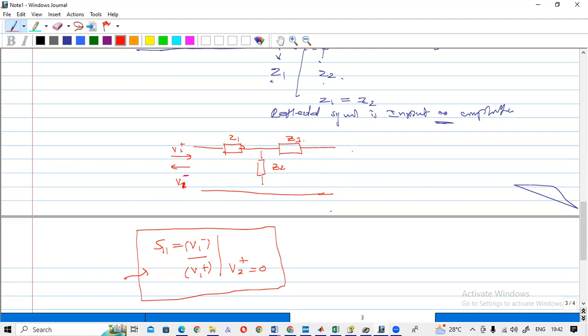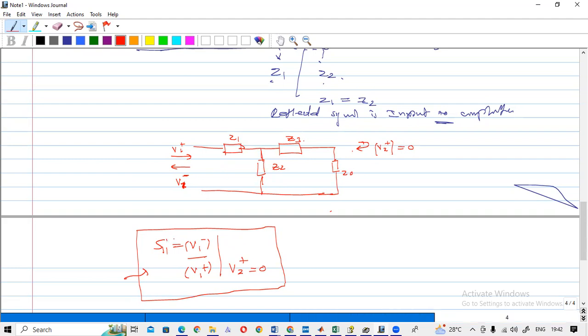Now you want to make this input signal V2 plus, actually the reflected signal, 0. For that, you have to terminate this line with the Z0 load. Like this. Now you need to calculate this S11 parameter.